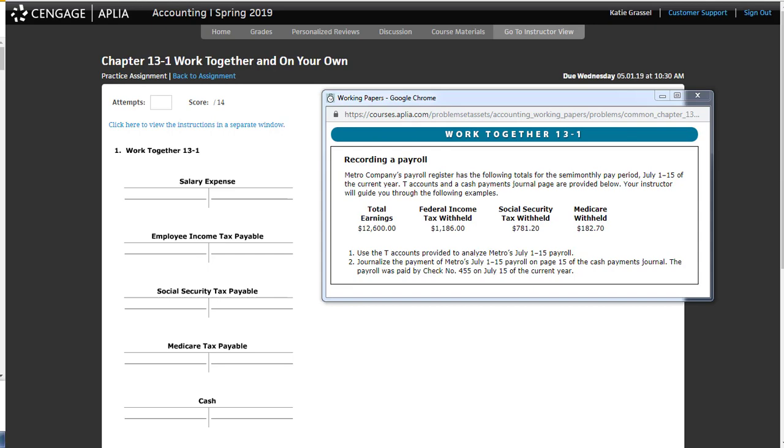The account title is not Federal Income Tax Payable. Wrong. Okay? Federal income tax in your payroll register is going to equal employee income tax.